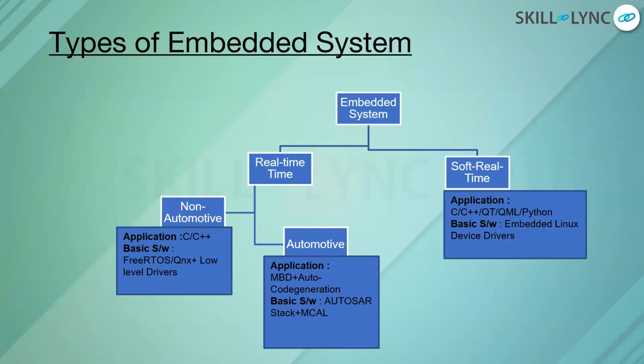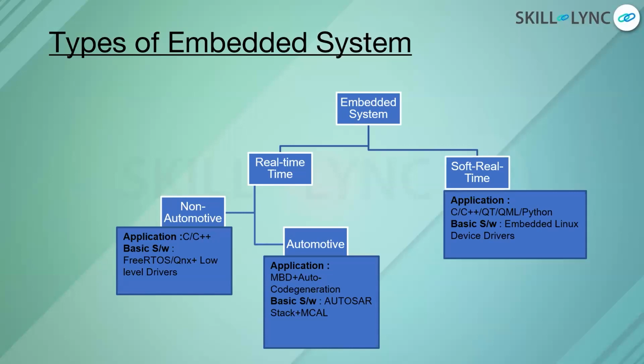Now if we look at the different types of embedded systems, based on the kind of application software that they run and the timing requirement that they have, let me derive an example from automotive itself with two different applications. You have a video streaming on the vehicle dashboard, which is running the Android software stack.